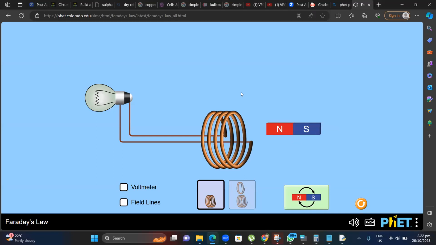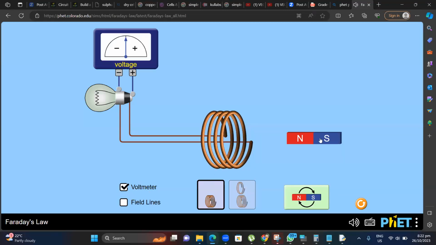If you move faster, more current is generated. But actually, in order to generate this kind of current, you need a powerful magnet, the number of wrappings in the coil should be very high, and a thin wire is needed. Right, let's use the voltmeter. You can see when I'm moving in, it is minus.